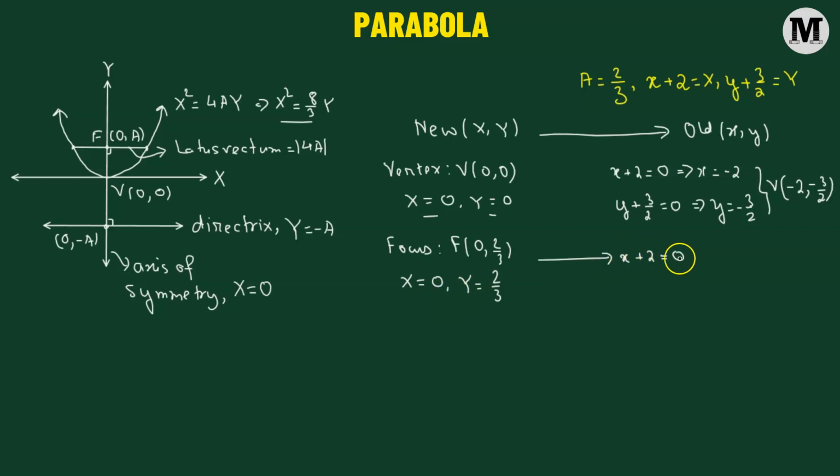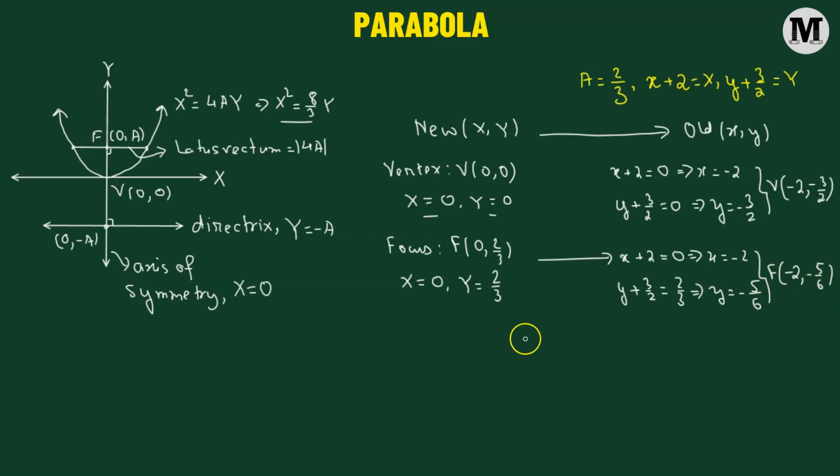So x plus 2 equals 0, which gives us x equals negative 2. And in place of Y equals 2 over 3, we're going to use y plus 3 over 2 equals 2 over 3, which means the value of y will be equal to negative 5 over 6.